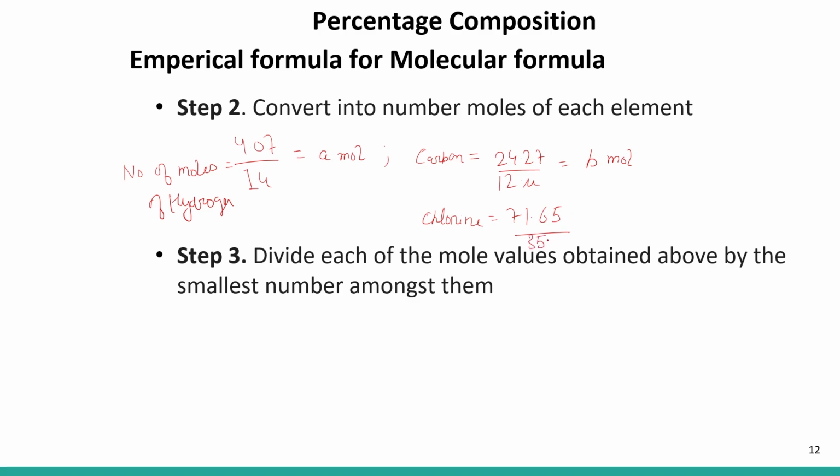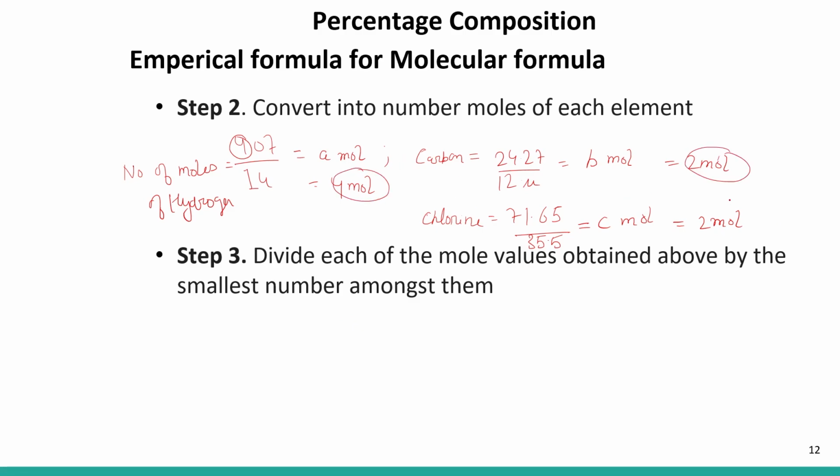Its atomic mass is 35.5. Suppose you get it as C mole. If you want, you can calculate this. It is easier to calculate. So it is simply 4 mole. I am taking the round off. Okay. This is 2 mole. Okay. This is also 2 mole.